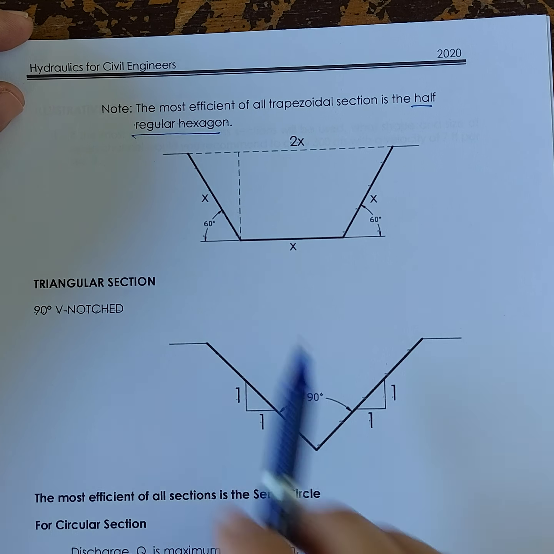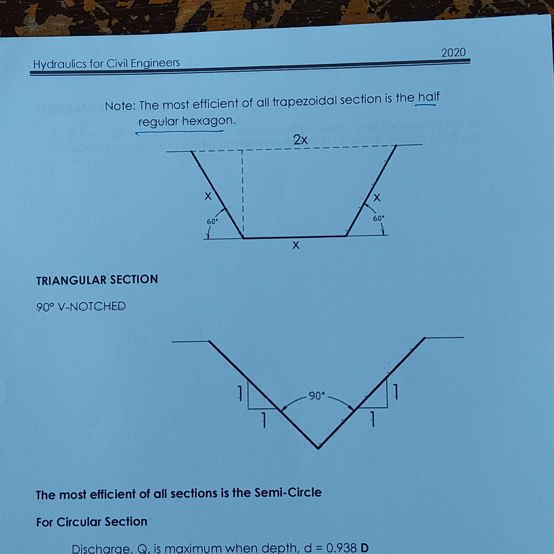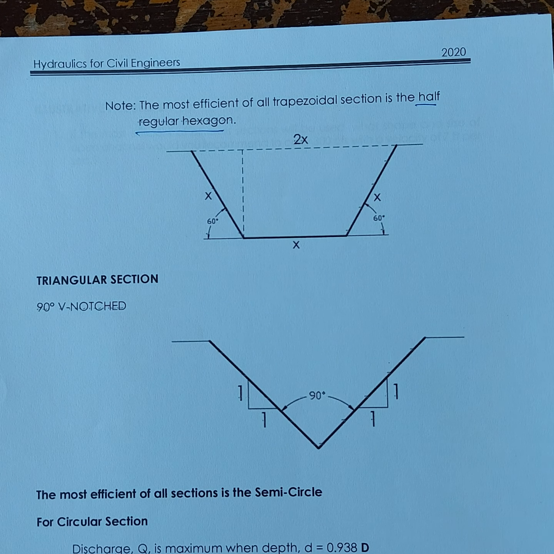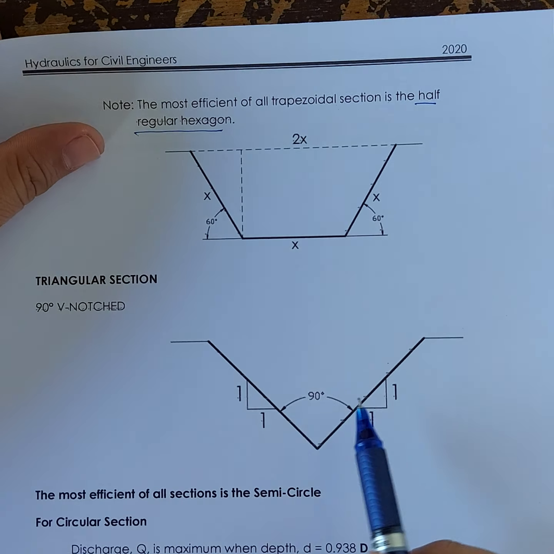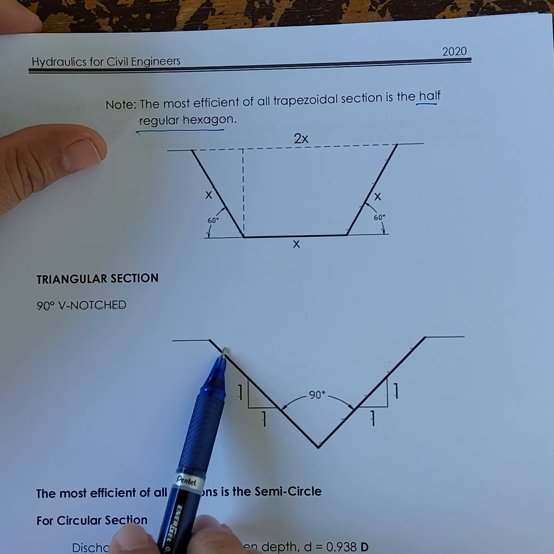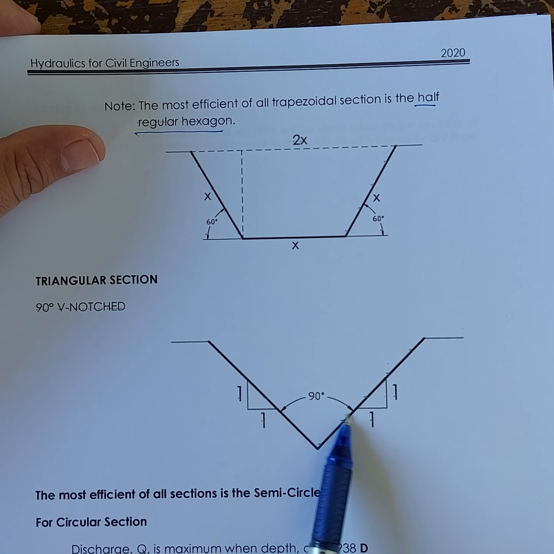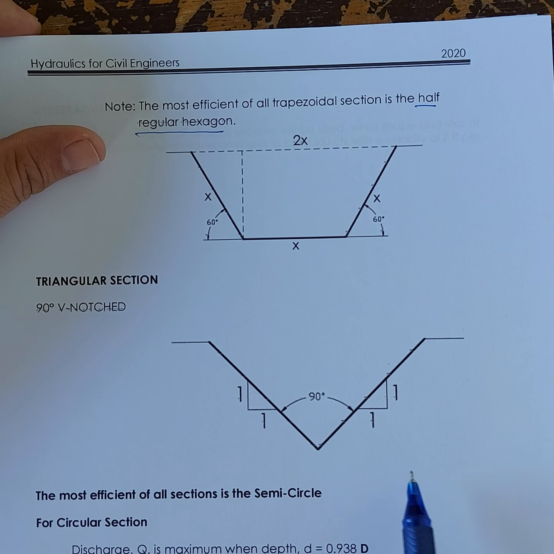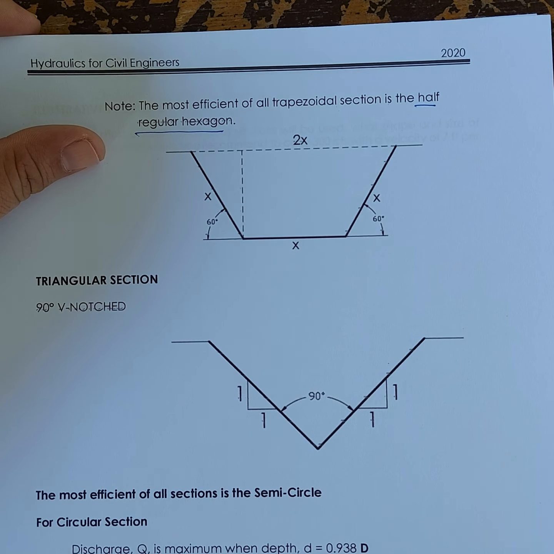Now for triangular sections naman, the most efficient is the 90-degree V-notch. That means the central angle here is 90 degrees, and the side slopes are one vertical, one horizontal.